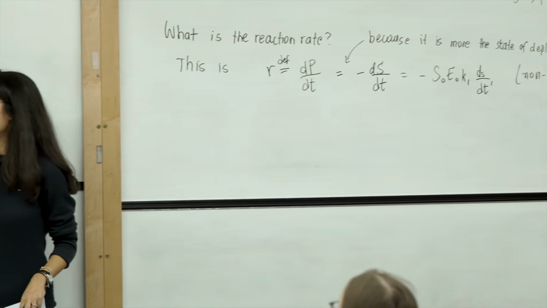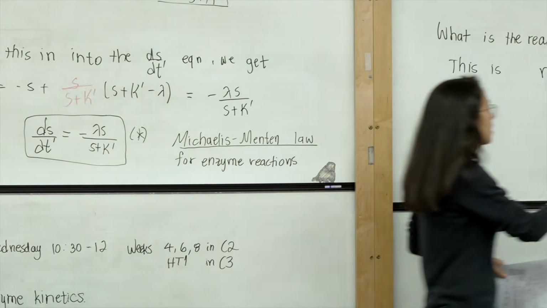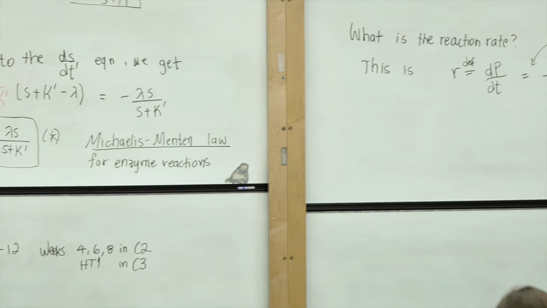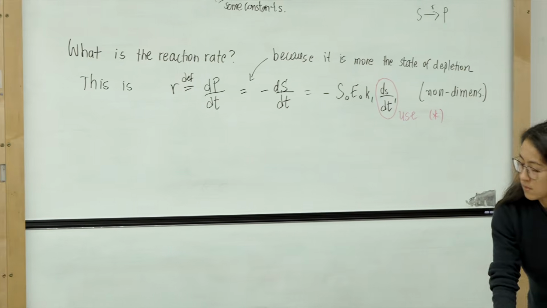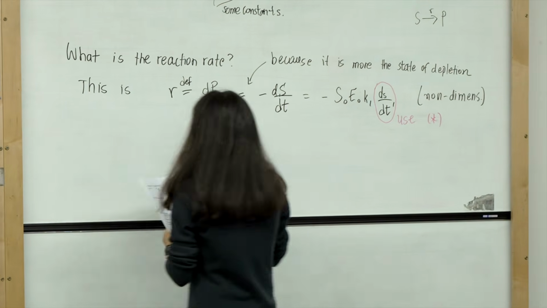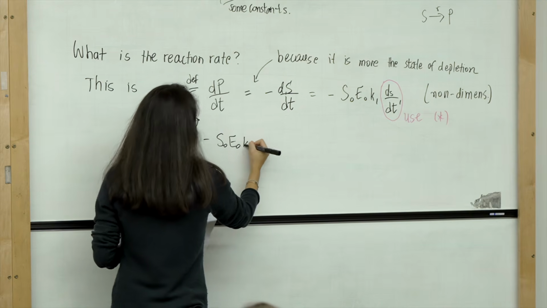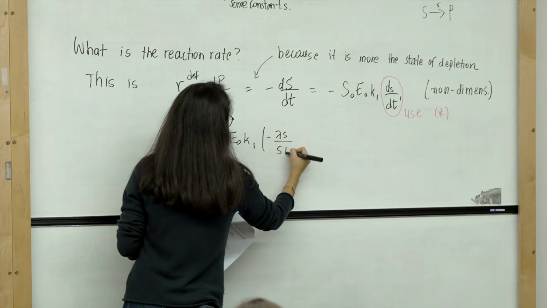So this gives me exactly the format of ds dt prime, right? So I can take this and put it in here. So use the star from that board. So this will give me that R is basically this.